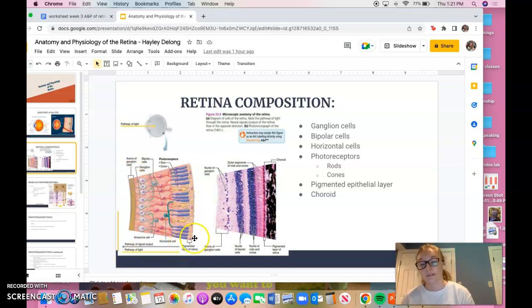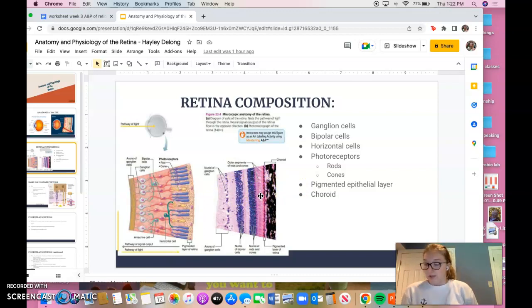So the signal output, basically the action potentials that form those signals that we will be able to process in our brain, go the other way. So they cross each other like this. And then this shows the more in-depth layer of what the retina looks like. On the right side here is the same picture, but shown on a cellular level, what it actually looks like.